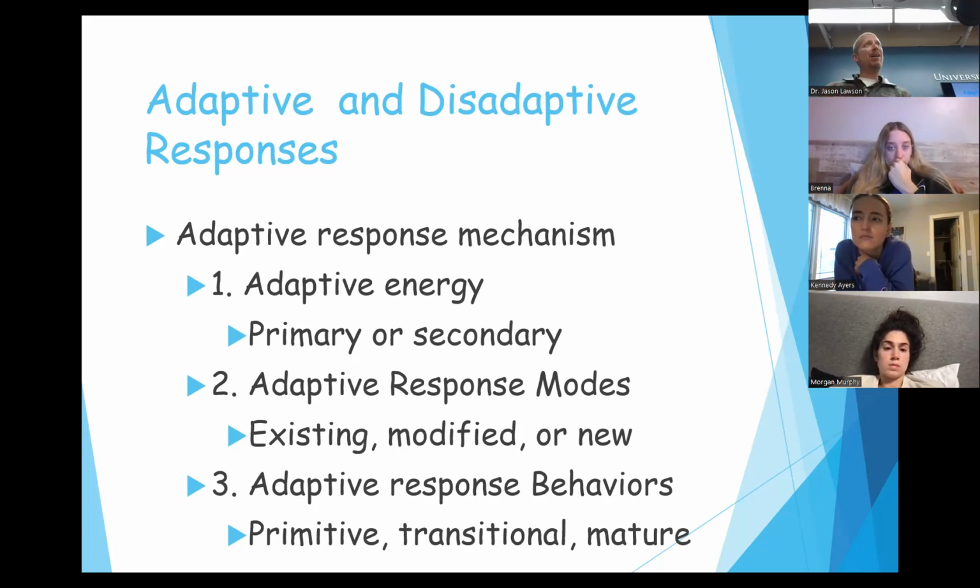And then I get feedback on that process. And I think, okay, I handled that a little bit better. If I could do it again, I would add this component to it. So you're eventually working your way to more of that mature behavior. Okay. So again, this is a normative process. Everybody goes through it.